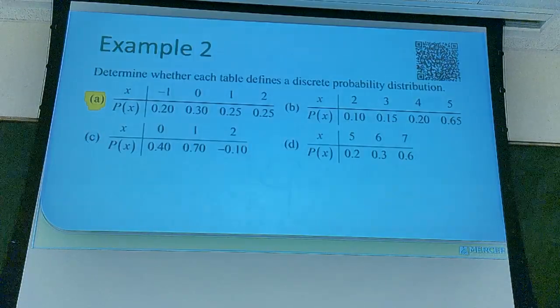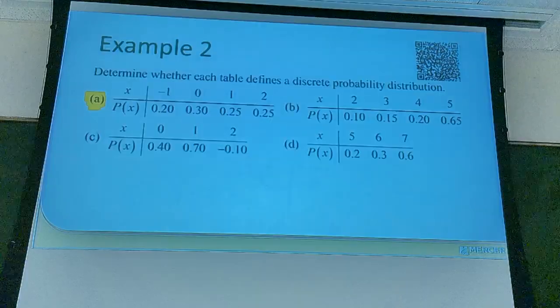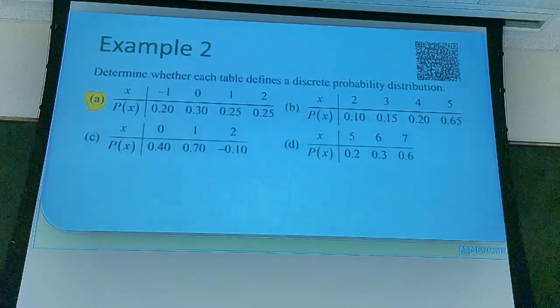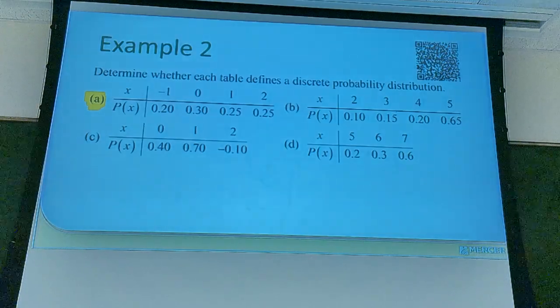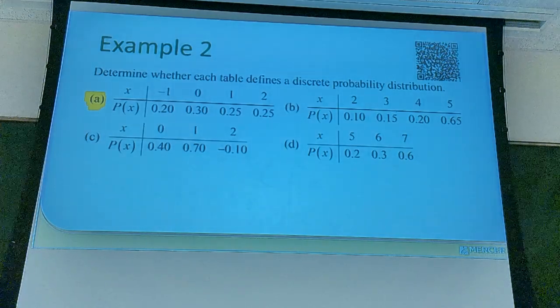So let's start with A. Remember, 2 things have to be satisfied. Easiest one to check: are they all between 0 and 1? All the probabilities, are they between 0 and 1?